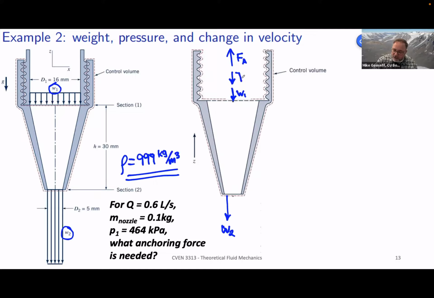To identify these capital W's, I'm going to give them little wings like that. It's like Wonder Woman or something. But anyway, W sub N. And then we're also going to have the weight of the water. Whatever water is stored in the nozzle, we have W sub W, the weight of the water in the nozzle.